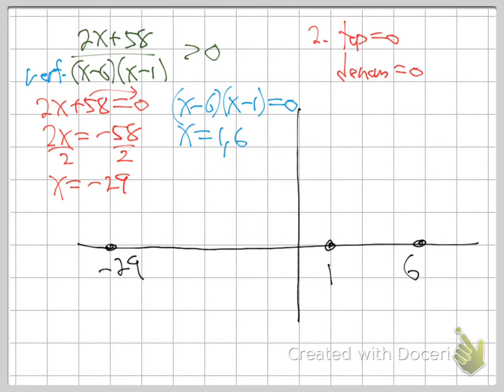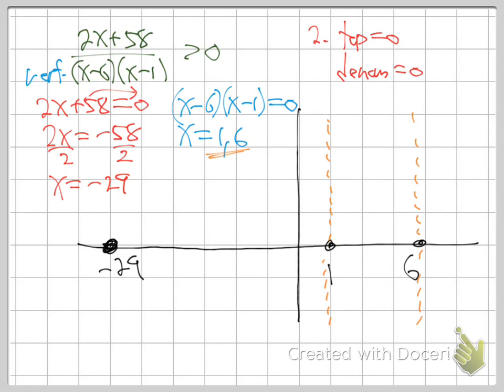There's actually going to be a vertical at 1 and 6, vertical asymptotes, aren't they? Because those made the denominator 0. So on the graph, those are vertical asymptotes, whereas the negative 29, that's just a place where it hits 0, because that makes the top of the fraction 0.